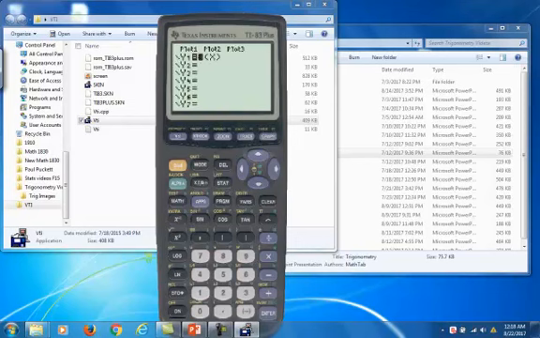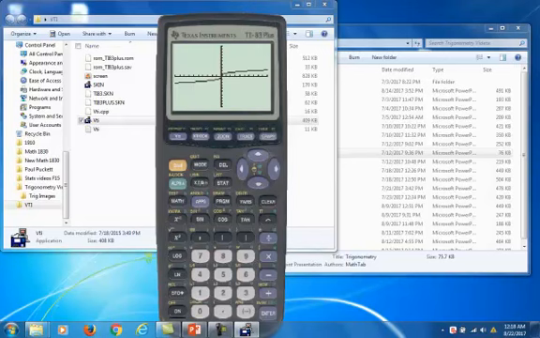Since we want to do the cube root, I'm going to type in 3 first. Then I'm going to go to math, scroll down until I get to that one, and hit enter. So this is technically doing the cube root of x. And then I'm going to graph. Okay.